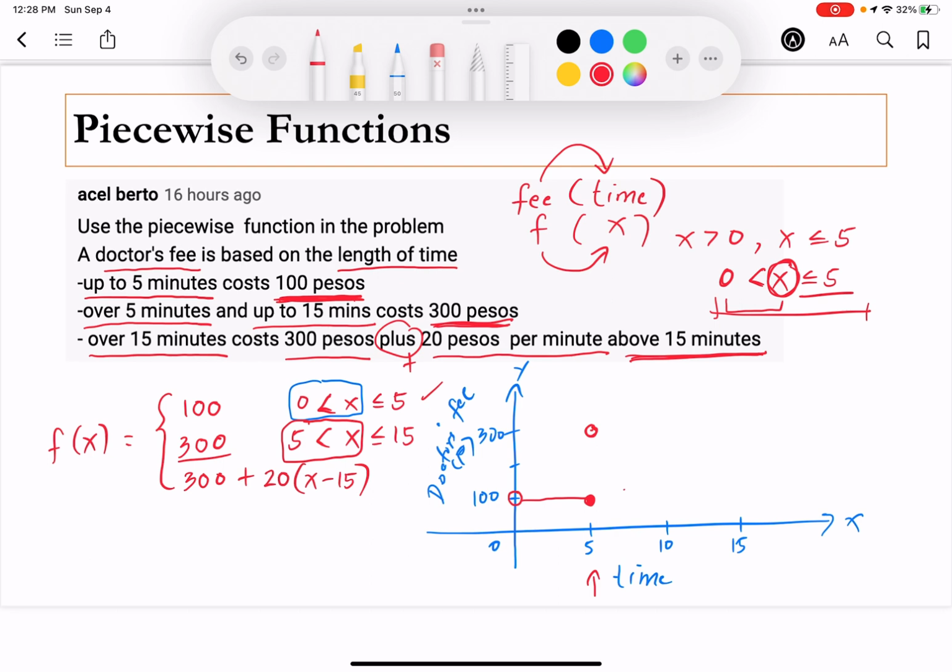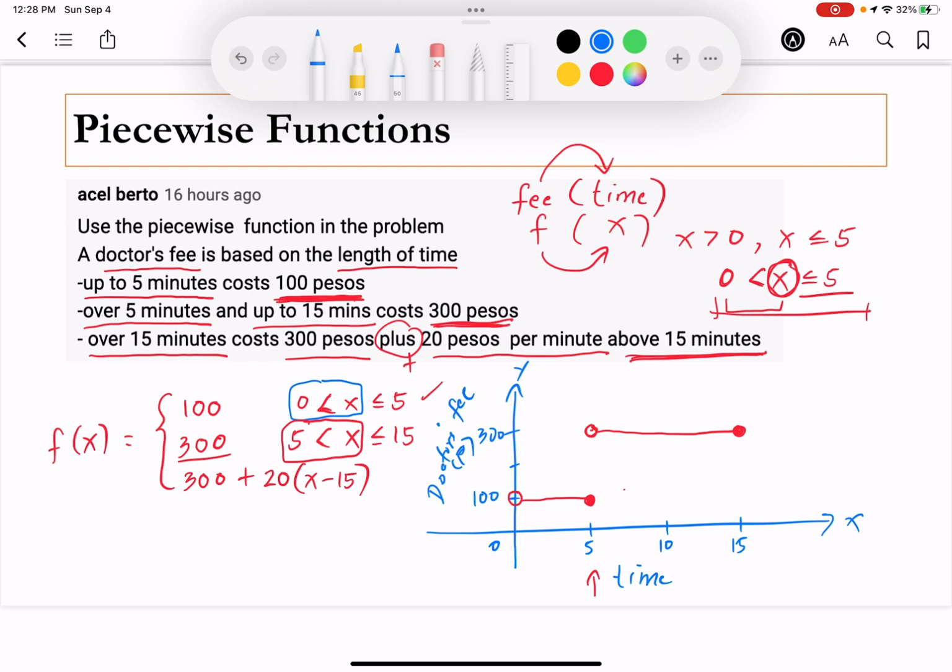Pagka greater or less than, naka-hollowed point lang siya. Okay? Yan ay 5 minutes hanggang 15 minutes. So, 15 minutes, ang bayad pa rin ay, of course, 300 pesos. Connect that.